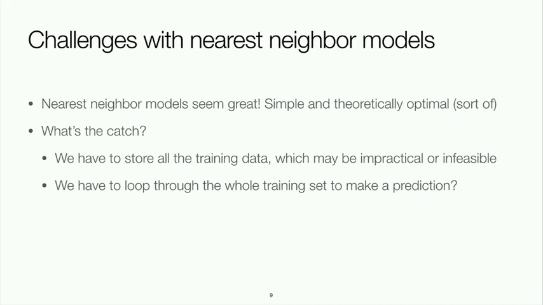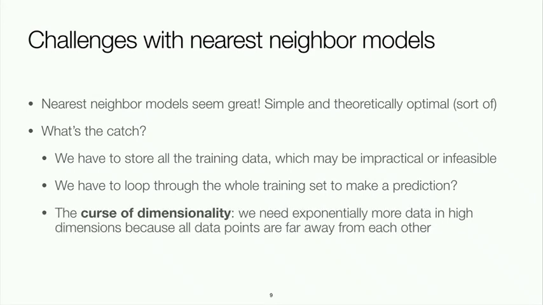Lack of data. Absolutely. So this is, in a sense, related to this third point that I have, also related to what we had earlier, right? There's a problem that we have called the curse of dimensionality, okay? The curse of dimensionality actually is not specific to nearest neighbor classifiers, but it is very true that nearest neighbor classifiers suffer significantly from this problem, where we need exponentially more data in high dimensions because basically all data points in high dimensions are far away from each other, okay?